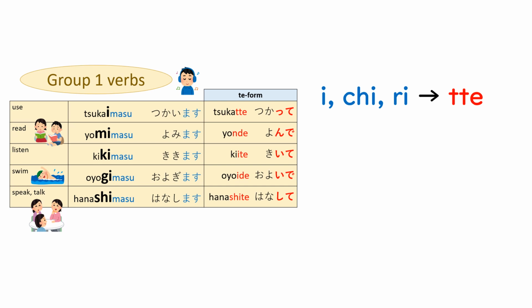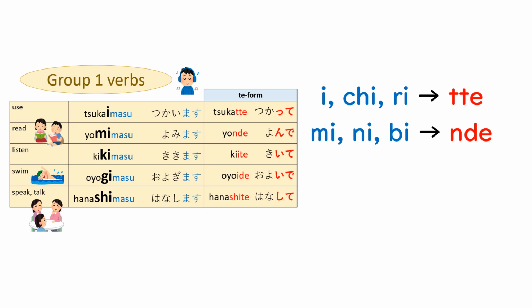If the sound before masu is mi or ni or bi, then the te form is made by replacing these sounds with nde. So, the te form of the verb to read, yomimasu, is yonde.